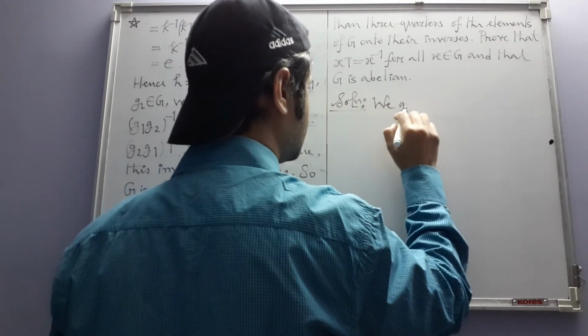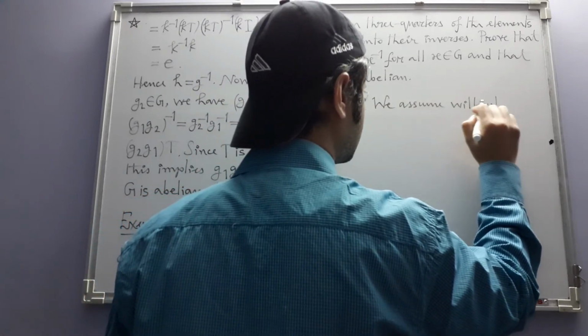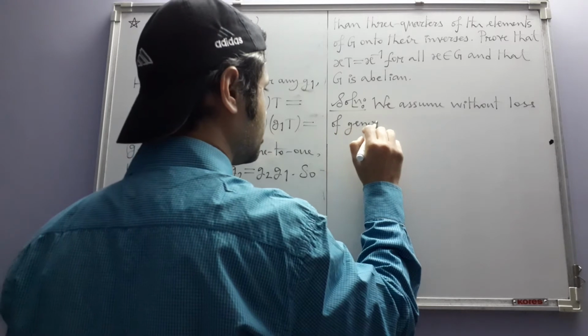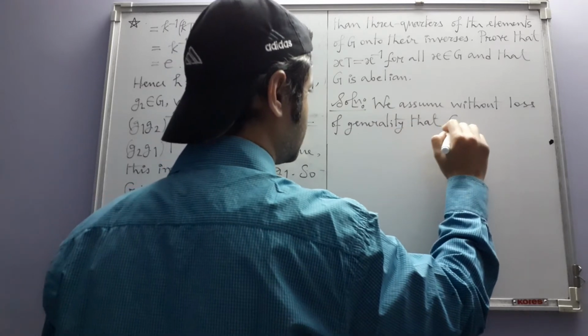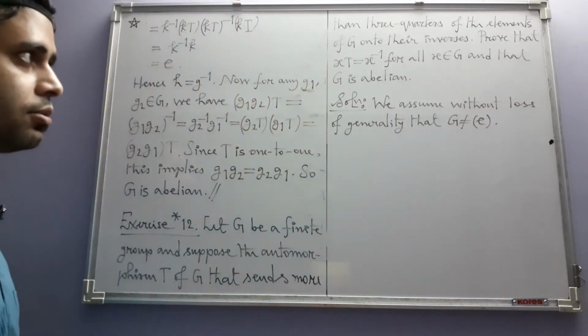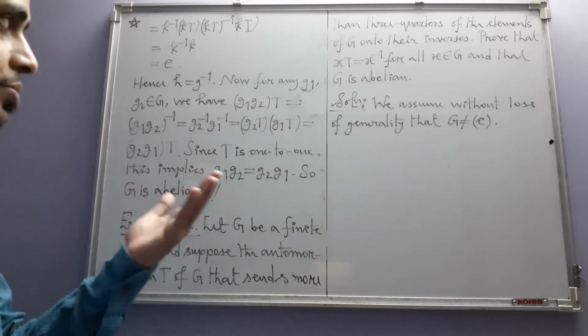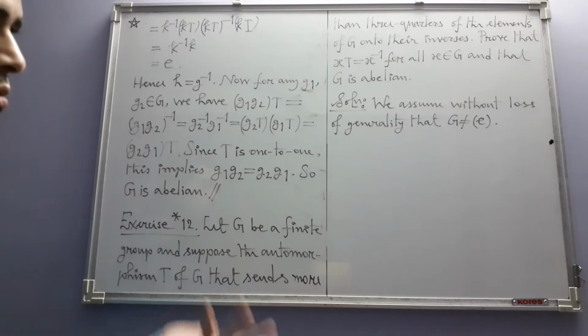In the beginning itself, we assume without losing generality that G is not the trivial group consisting of a single element, because that group we already know is abelian and it has exactly one automorphism, that is the identity automorphism, which sends the single element to itself and hence it sends that element to its own inverse.